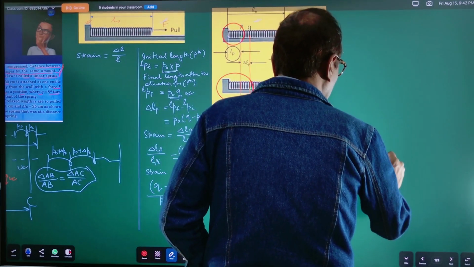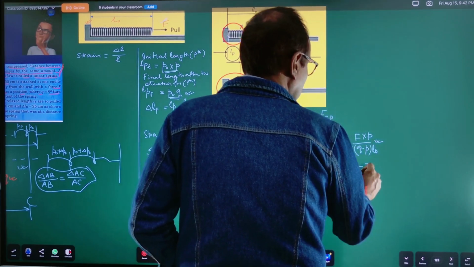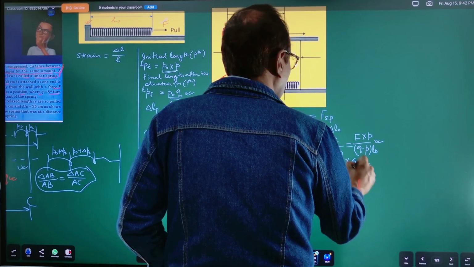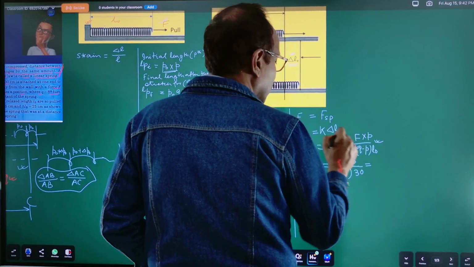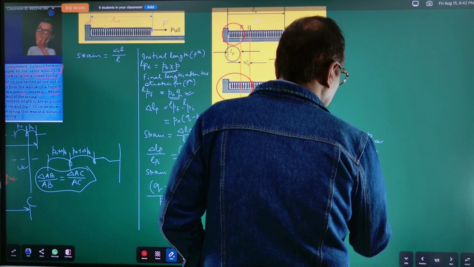You will get the value. This is in centimeter, F is in Newton, so you will have to convert this into meter.